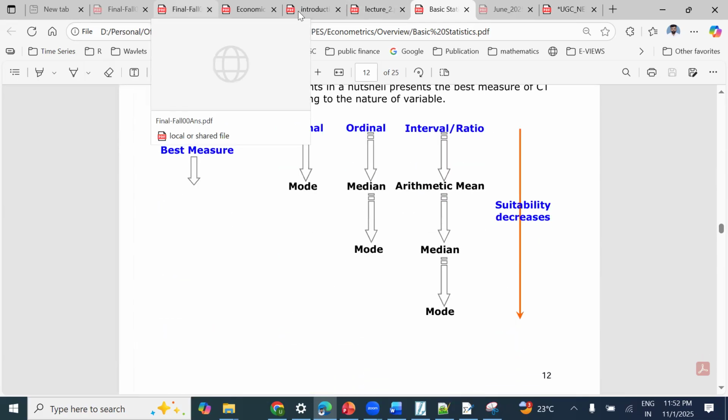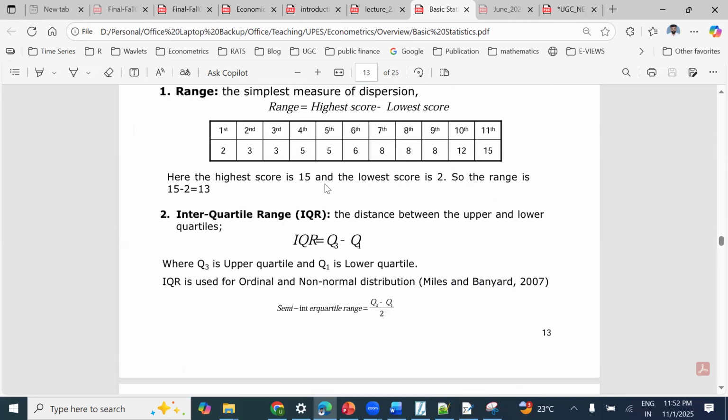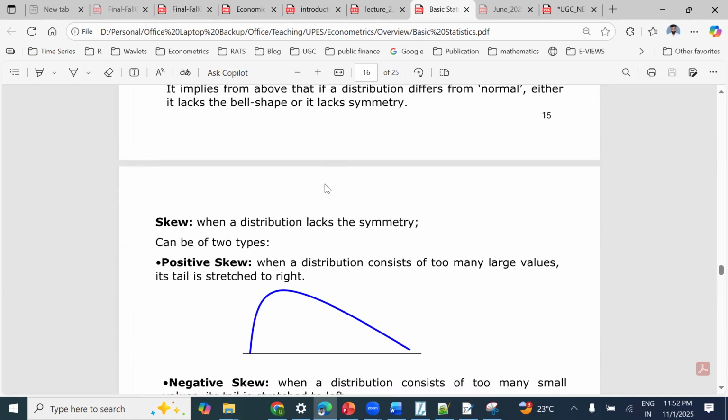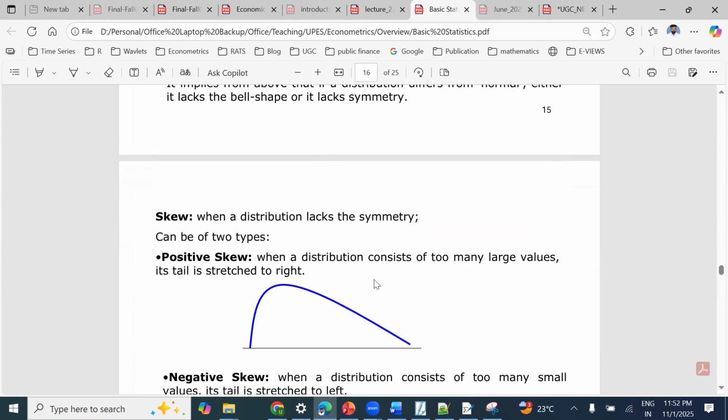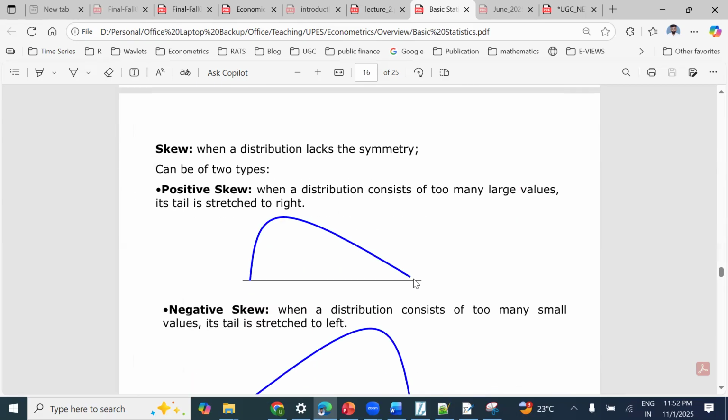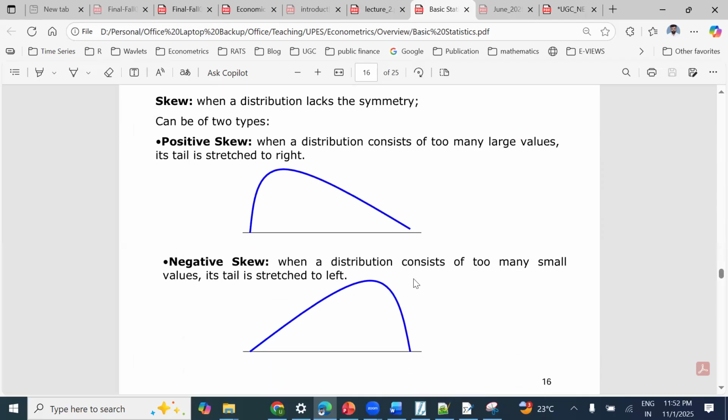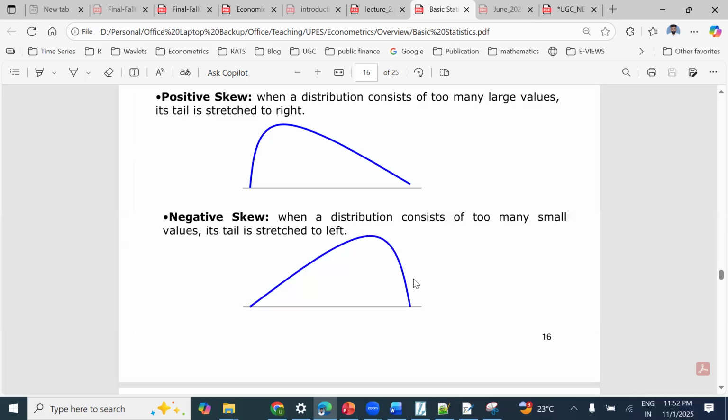You have asked a good question. Positive skewness means when a distribution consists of too many large values and its tail is traced to the right. And negative skewness means when a distribution consists of too many small values.